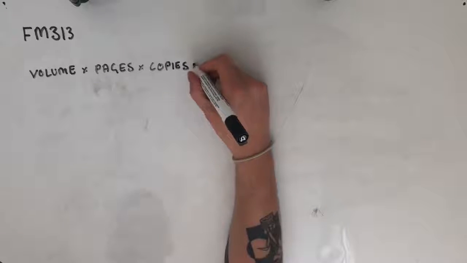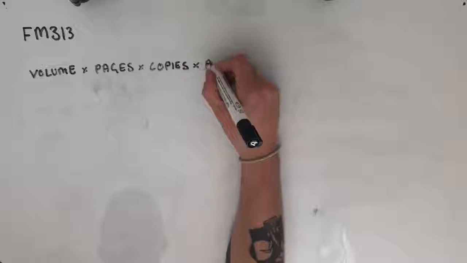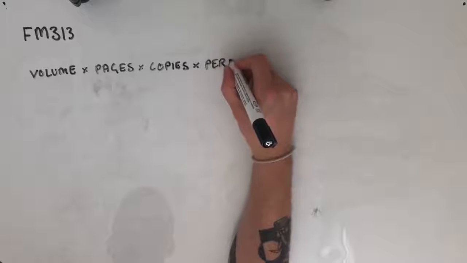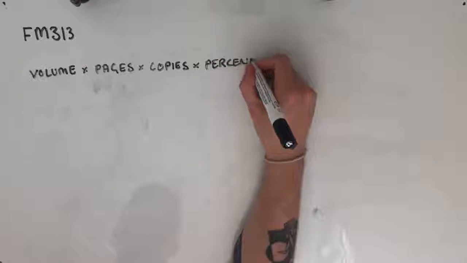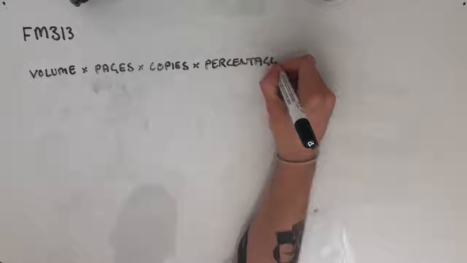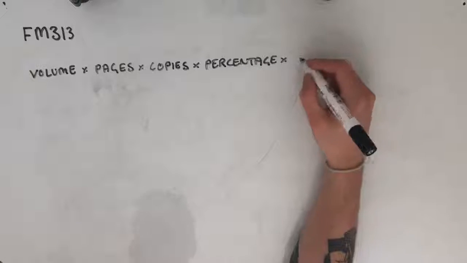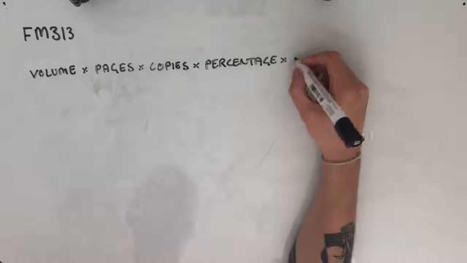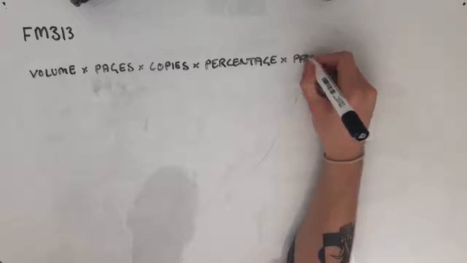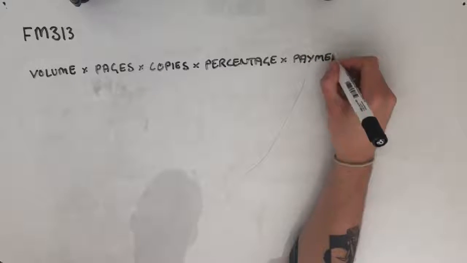After we've done all that, we want to multiply by the percentage that Matt actually contributed to, because we want to know how much he contributed to. And then finally, we're going to multiply that by the payment that Matt receives per cubic centimeter.